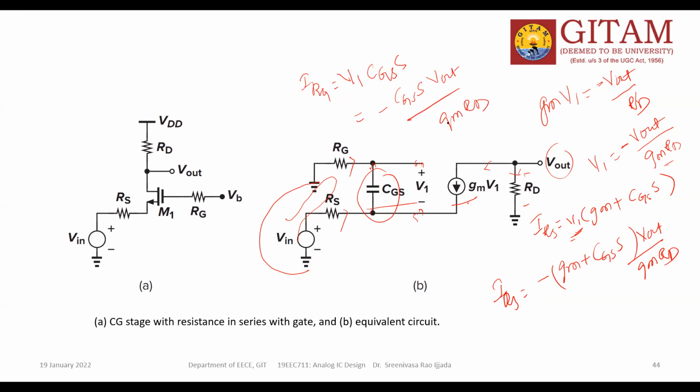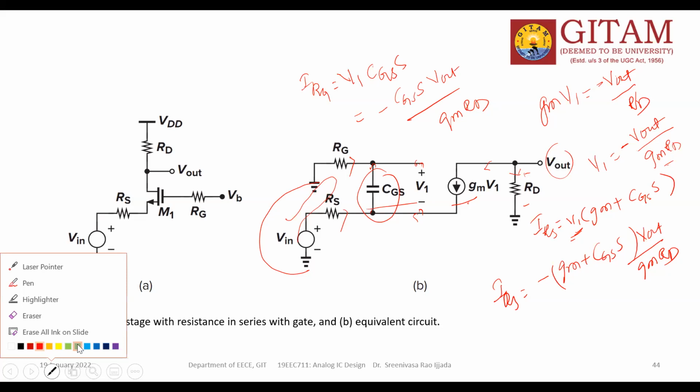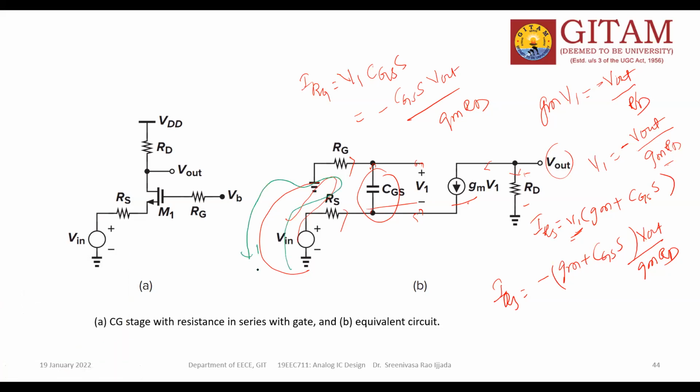So now write the KVL equation. KVL for this loop, first the inner loop. Then you will get this one. So Vin, minus RS multiplied with this current, RS into IRS, and plus the drop across this fellow.